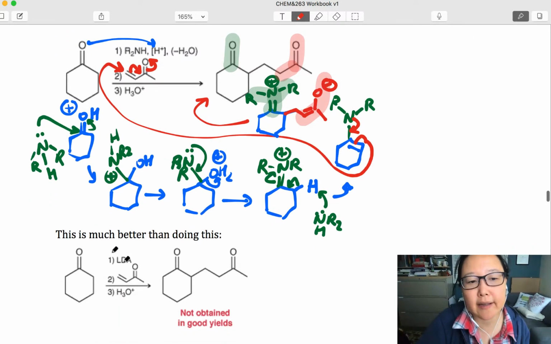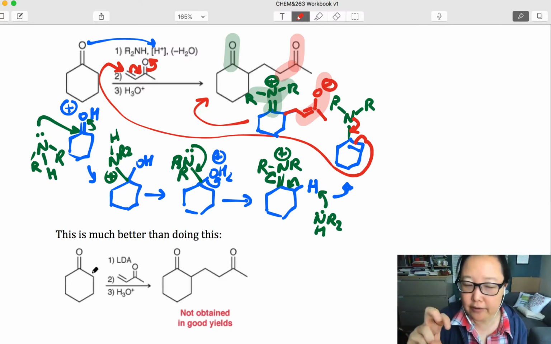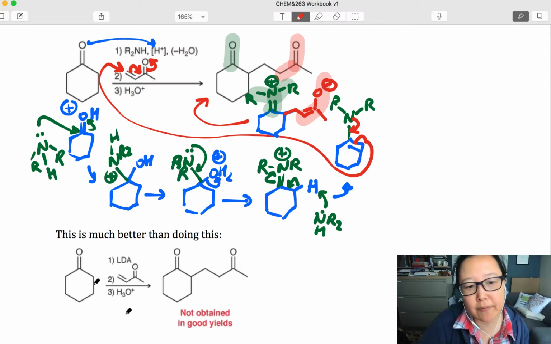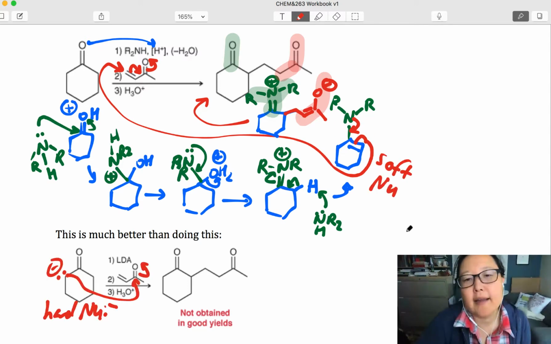So LDA would grab here, we'd have just one carbonyl. That would be a hard nucleophile, and so it would rather attack here at the 1,2 position. In order to avoid that, we went through the enamine, which is a soft nucleophile. And this softer nucleophile is what's going to promote 1,4 conjugate addition.